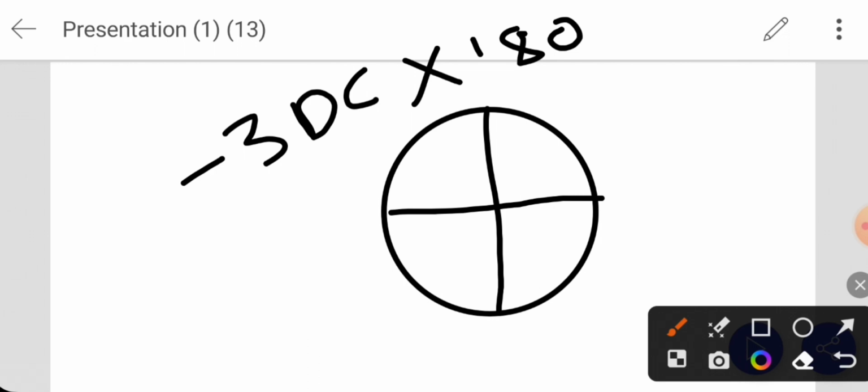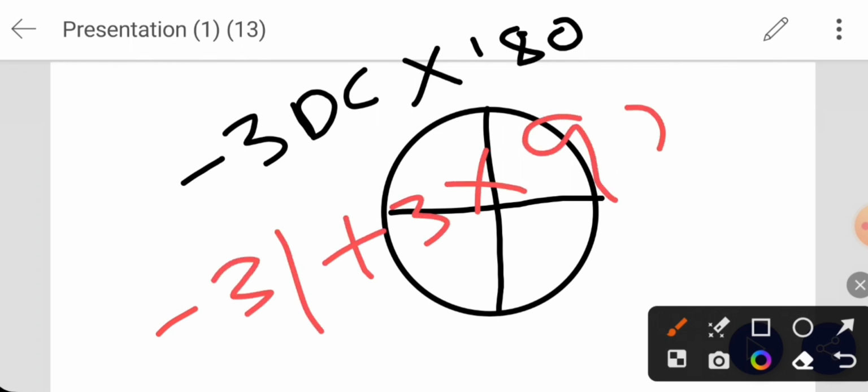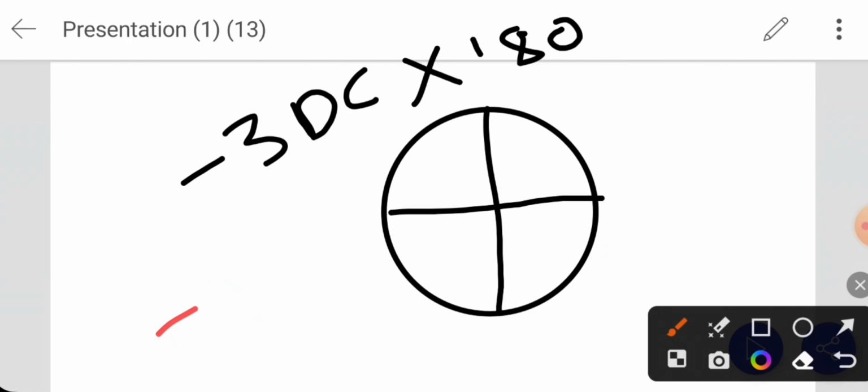If I write this in plus cylinder form, it will be minus 3 plus 3 at 90 degree. This is the form of with the rule astigmatism. So in with the rule astigmatism, the minus cylinder will be at 180 degree and the plus cylinder will be at 90 degree.